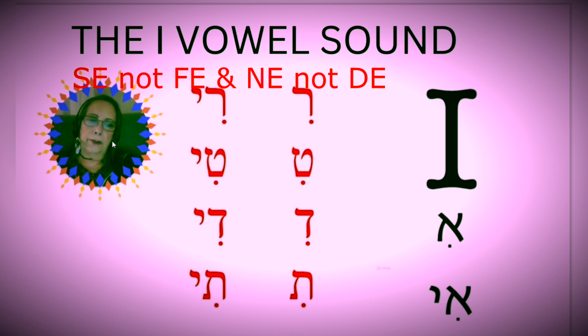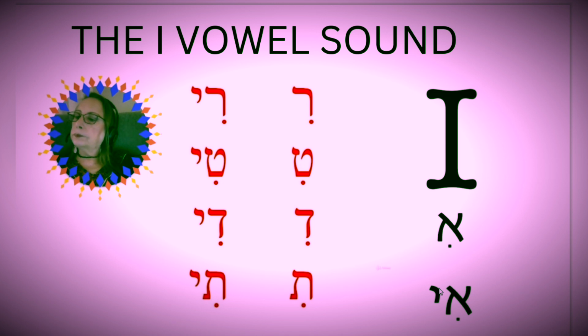Okay, this is the e vowel sound. So we have e, even though there is a yud. Okay. We have ri, t. Remember the tear, T for tear on top. There you go. All right.